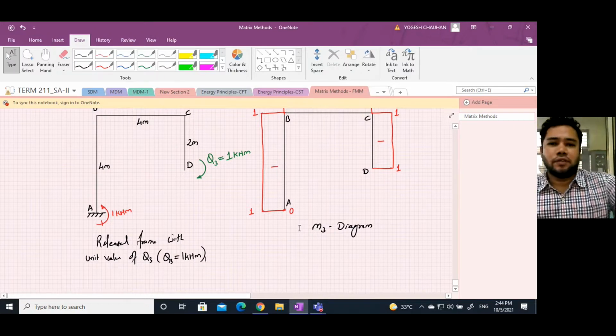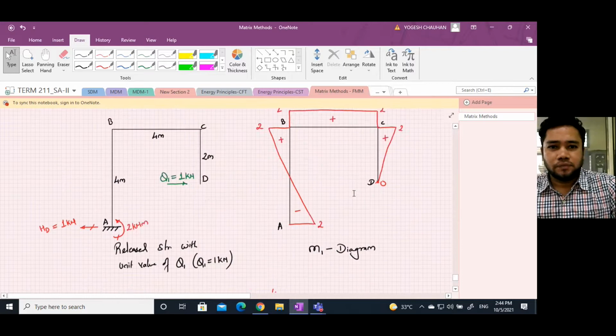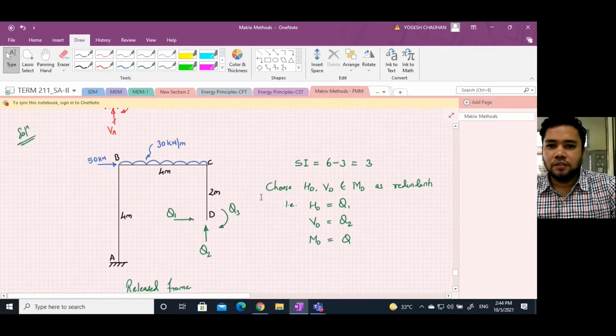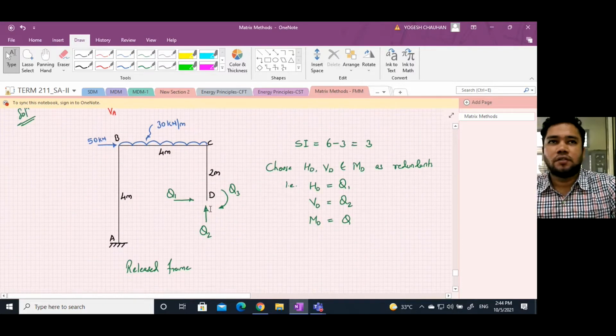Okay, so whenever you have any problem and you have to analyze it using the flexibility matrix approach, you first release the structure by assuming redundants equal to the static indeterminacy of the structure. Here we have SI equal to 3, so we have 3 extra unknowns and we have to choose 3.